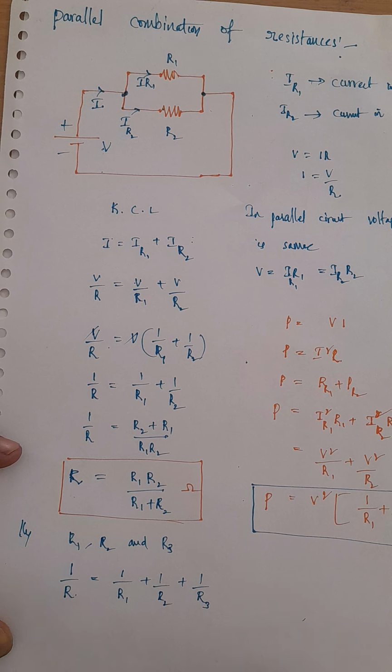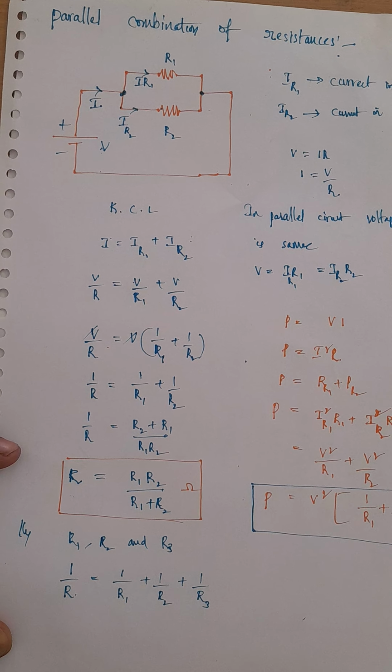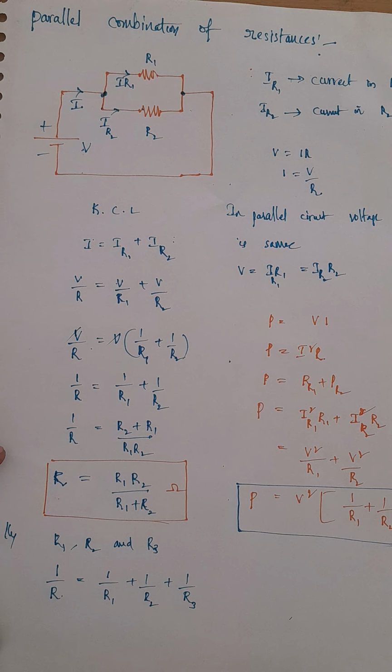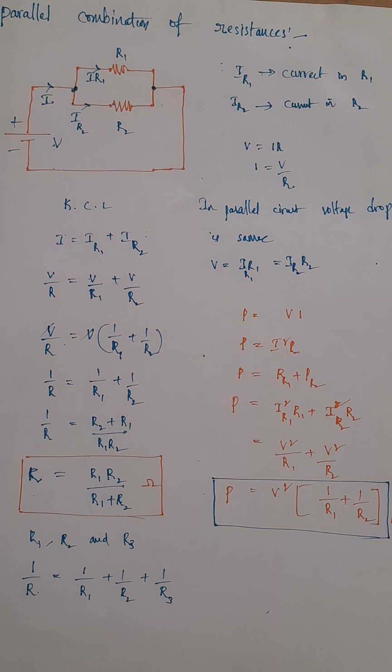The same holds for n resistances also. The number of resistances is not important; if you take more of them, the same consideration applies, guys. So this is the parallel combination.